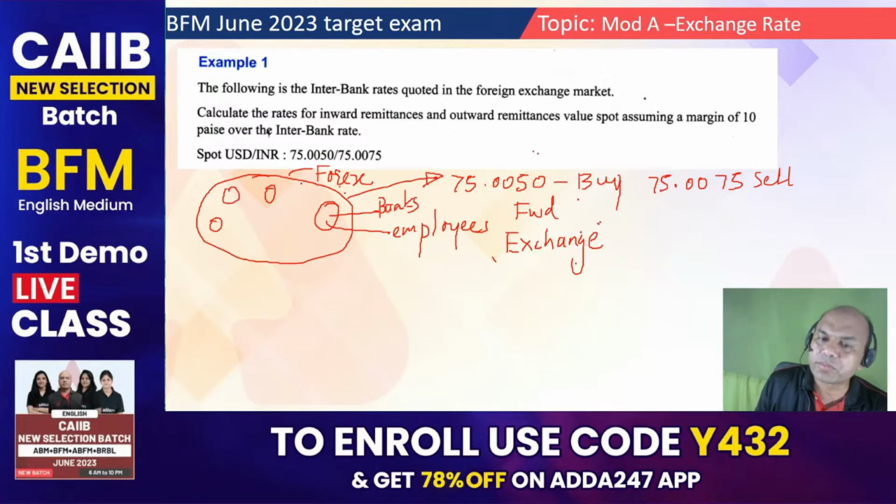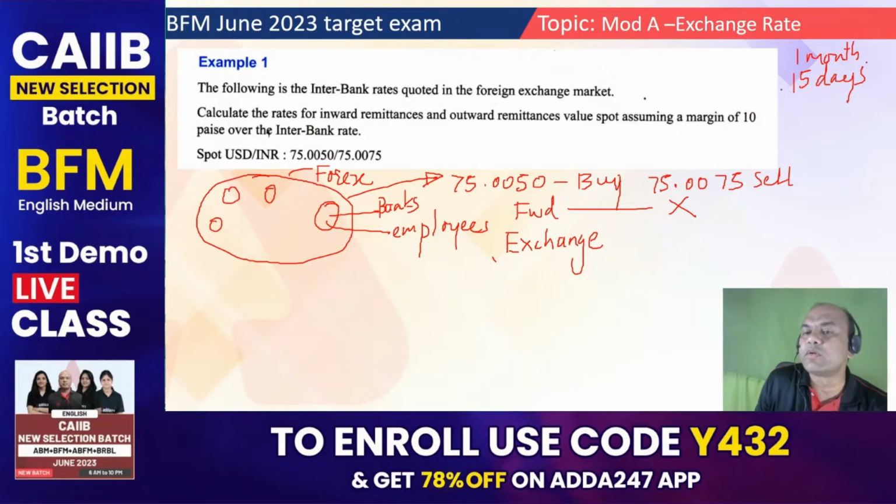In some problems, you may not have a forward rate, like this one. There is no forward rate given. What is given? Spot rate is given and exchange is given. So in this case, we don't apply forward rates. How do I decide whether forward is applied or not? If the problem asks you to find the rate after 1 month or after 2 months or after 15 days, then I'm dealing in forward.